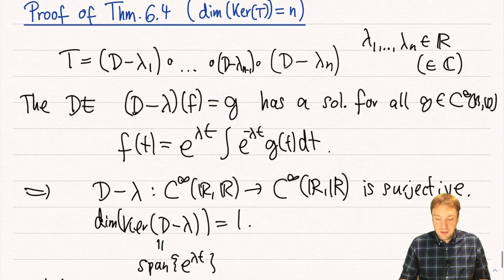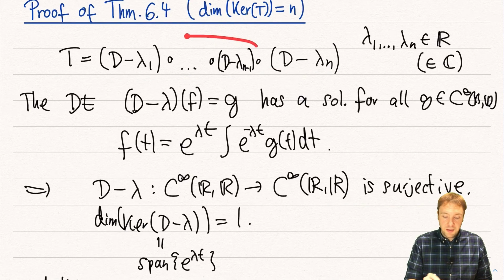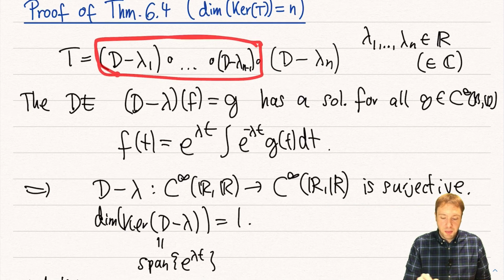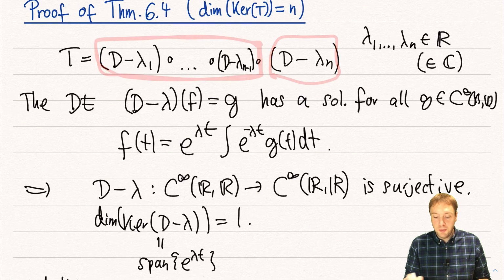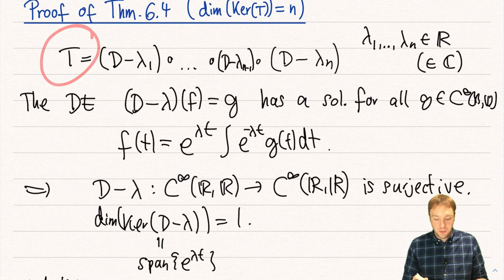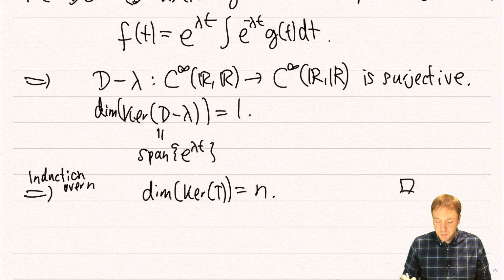In this case we see that this is actually surjective. So all of these maps are surjective, and therefore, if by the induction hypothesis this has dimension n minus 1 and this has dimension 1, then n minus 1 plus 1 is n, and therefore the dimension of the kernel of T is n. And this proves our theorem.